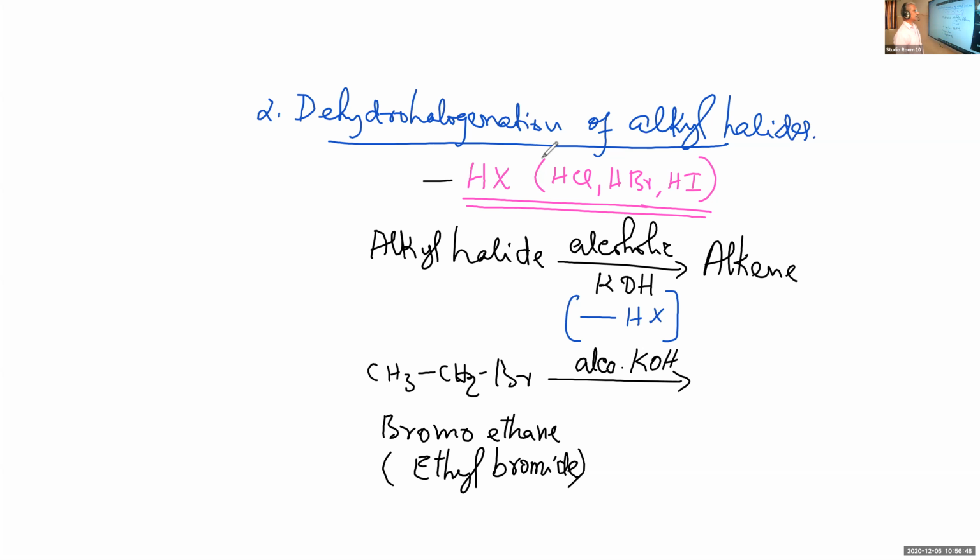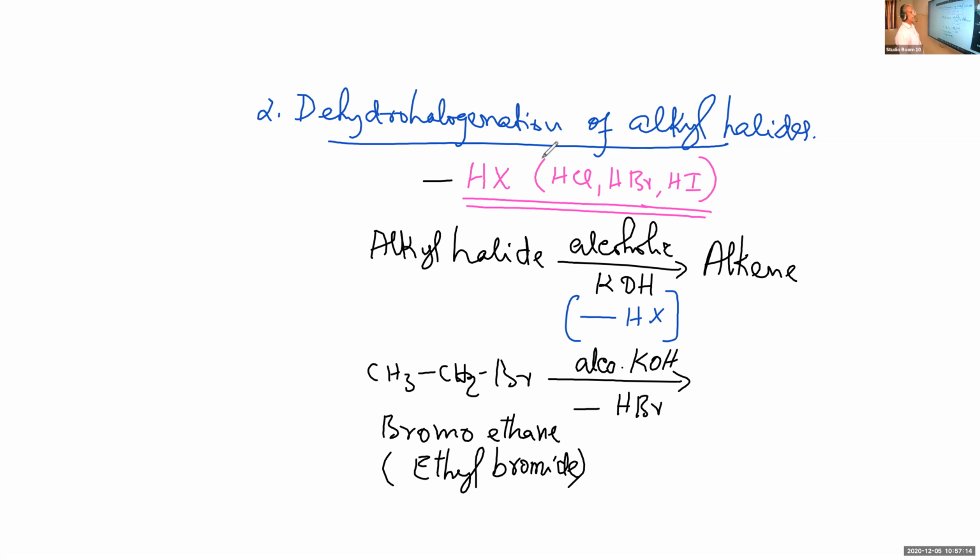Then what happens? That is dehydrohalogenation. The halogen here is bromine, so minus HBr: dehydrobromination.